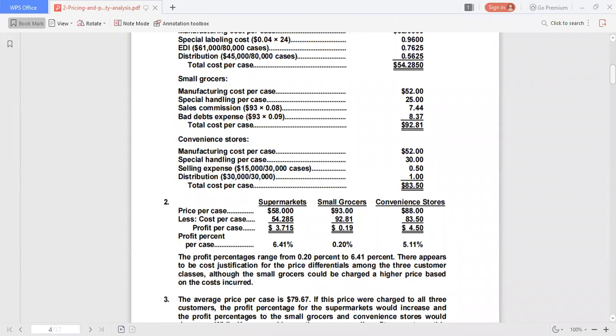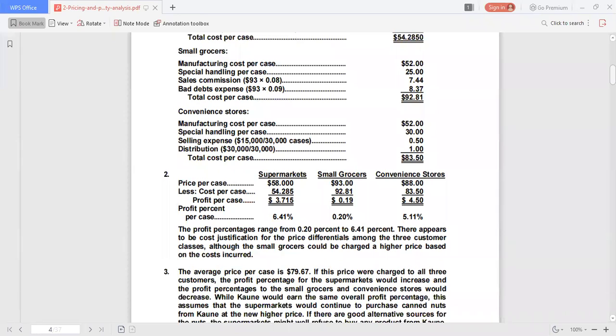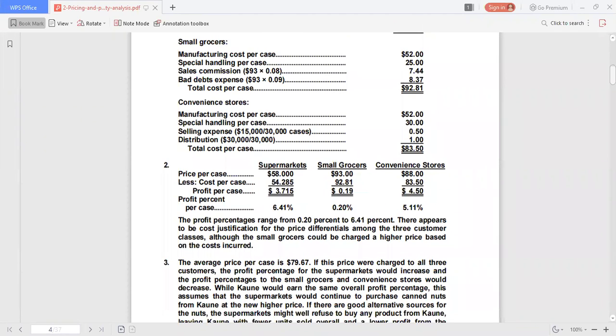If this price were charged to all 3 customers, the profit percentage for the supermarkets would increase, and the profit percentages for the small grocers and convenience stores would decrease, while Kauni would earn the same overall profit percentage. This assumes that the supermarkets would continue to purchase canned nuts from Kauni at the new higher price.